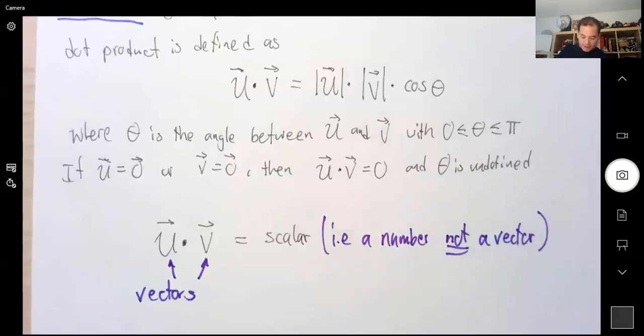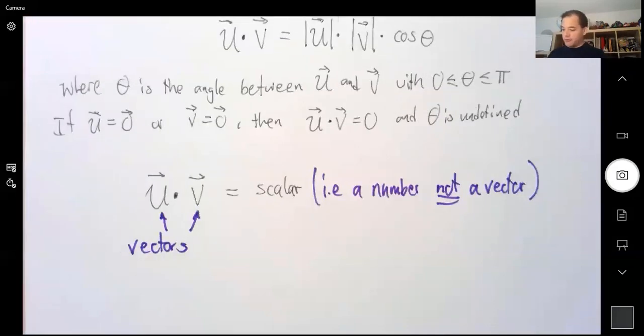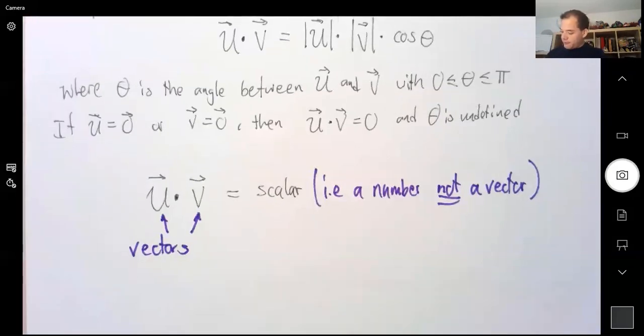Now, there are some interesting diagrams on some special cases. First, if we have two vectors that are pointing in the same direction, right? So let's try now to make some pictures, some examples here.